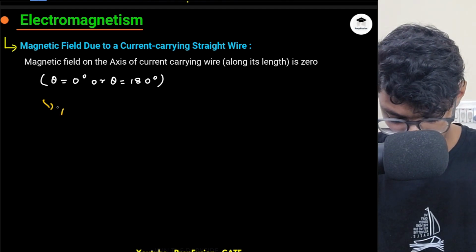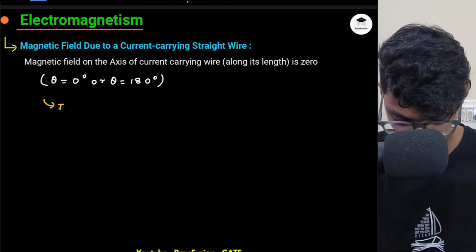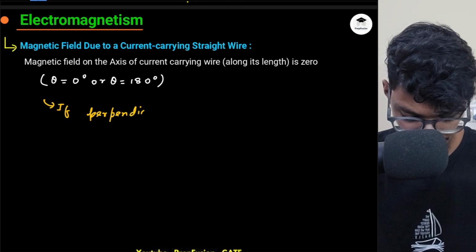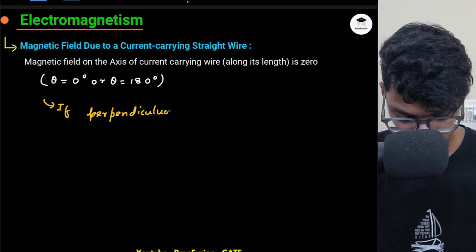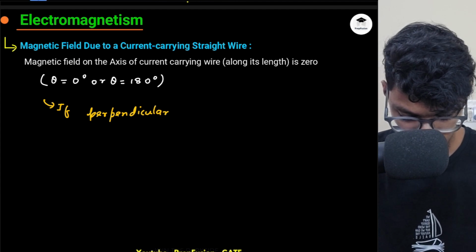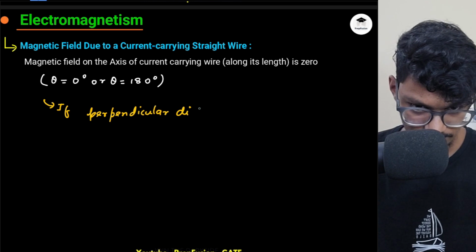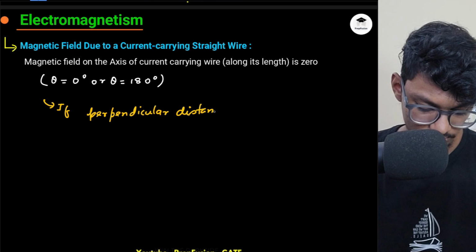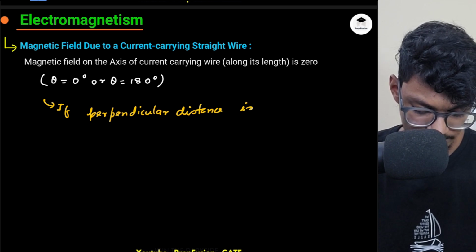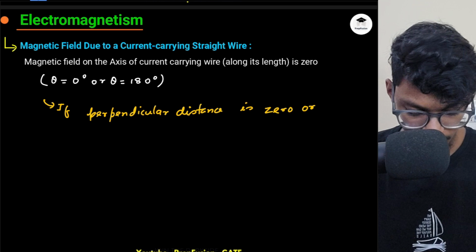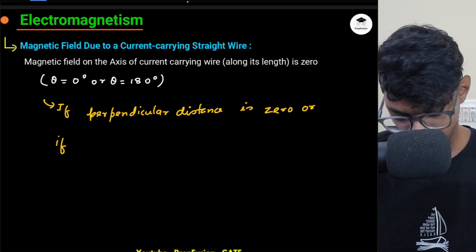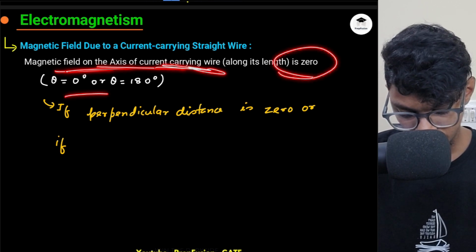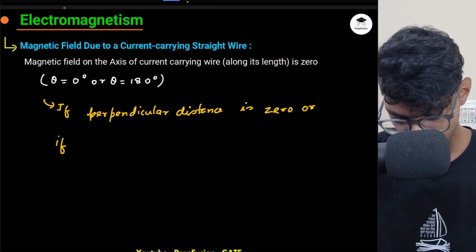So if the perpendicular distance is 0, or if the point is on the axis of the current carrying wire, then the magnetic field will simply be 0.